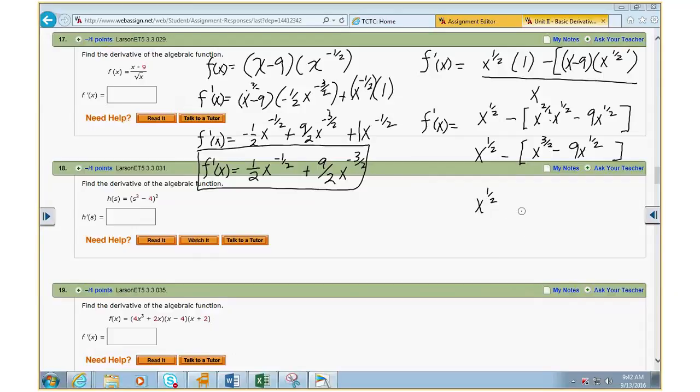Ooh, I forgot my. x to the 1/2 minus x to the 3/2 plus 9x to the 1/2.